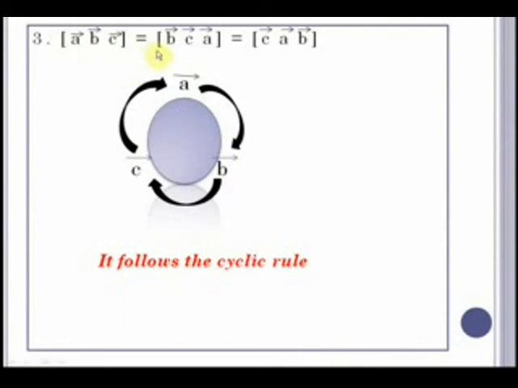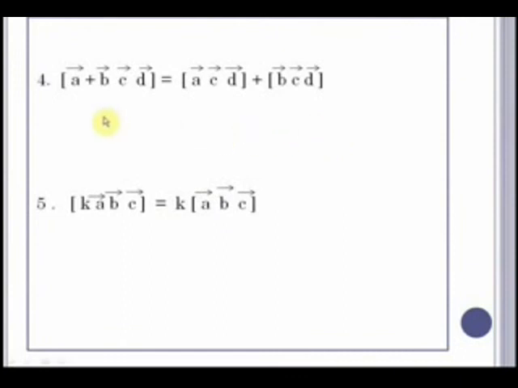That is, the box product of ABC is equal to the box product of BCA, which is equal to the box product of CAB. The fourth property is the box product of A plus B, C, D is equal to the box product of ACD plus the box product of BCD. So we can split this into two box products, ACD plus BCD.